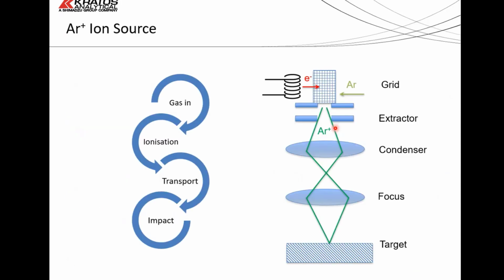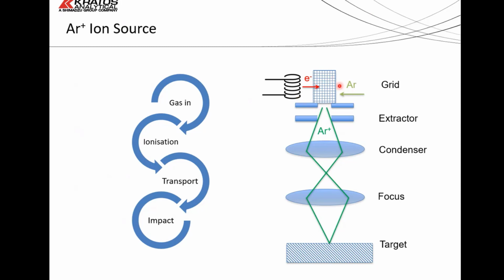So what's in an ion source? If we take our noble ion source, what we have basically is gas in. We just bleed gas in. In our case, it's usually argon, although you can use, say, neon or whatever other kind of ions may be taking your fancy. We bleed them into what we call the EI source region, the electron impact source.